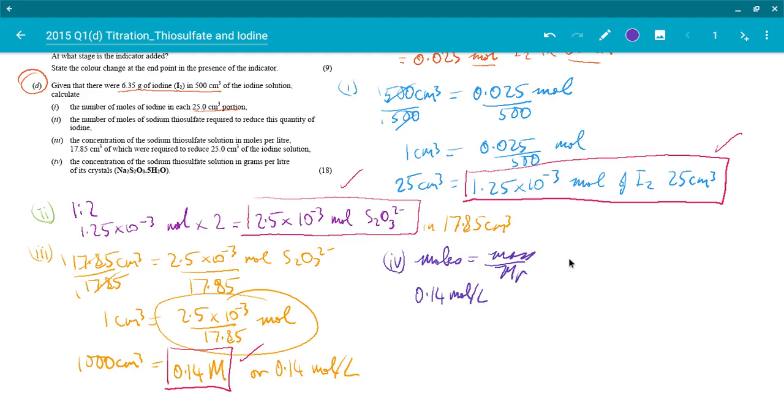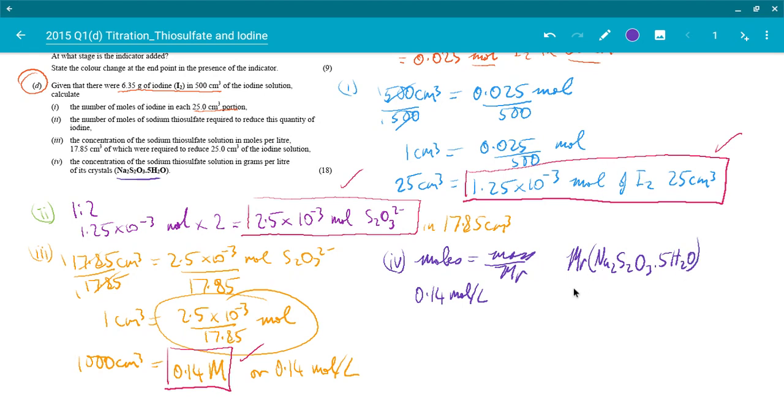We have to calculate the relative molecular mass. So the Mr of, it's a bit of a mouthful, where is it? There it is, it's given in the question. Na2S2O3, and then 5 molecules of water.